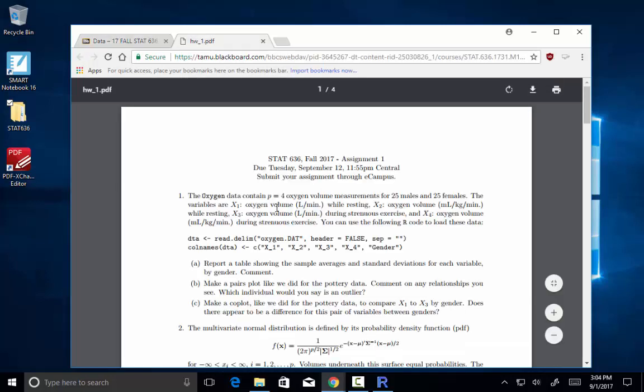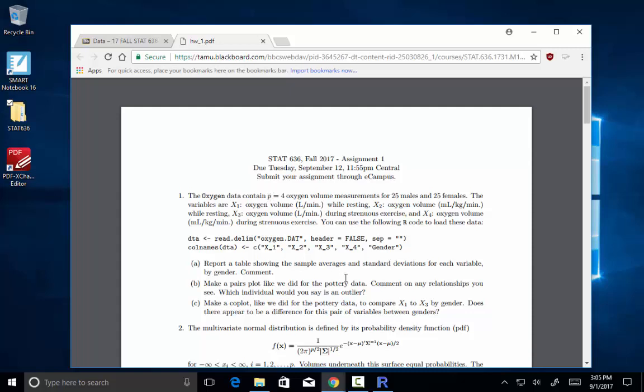So download the oxygen data, and then in number 1, you're going to make some basic summary calculations, compute sample averages, compute sample standard deviations for each of the variables. It's a multivariate data set. You have P equal to 4 variables in the data set.